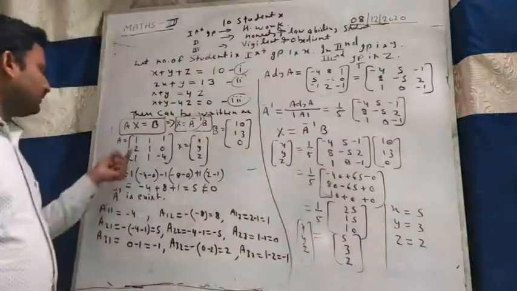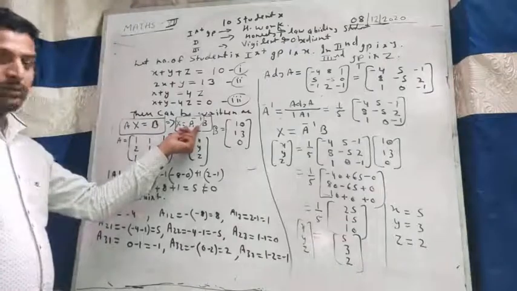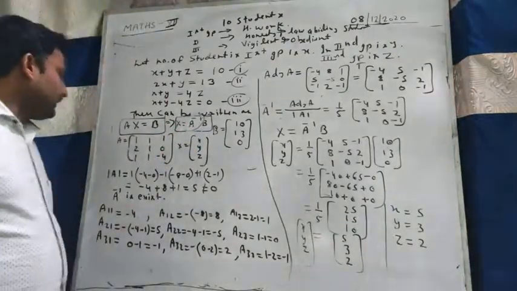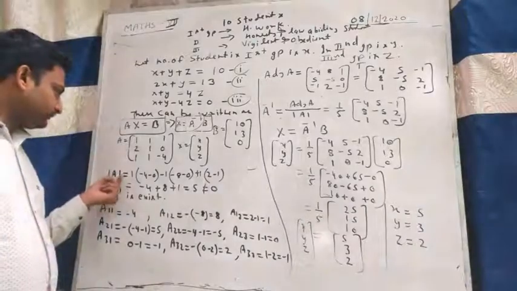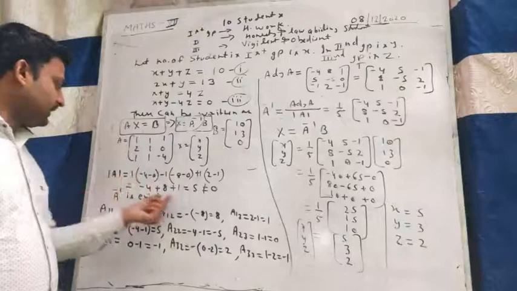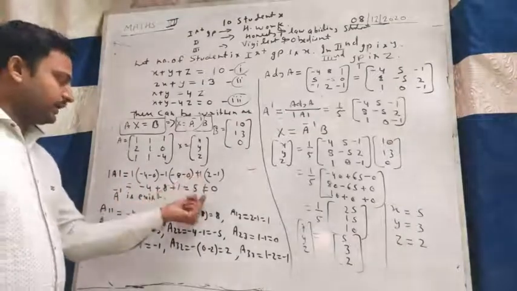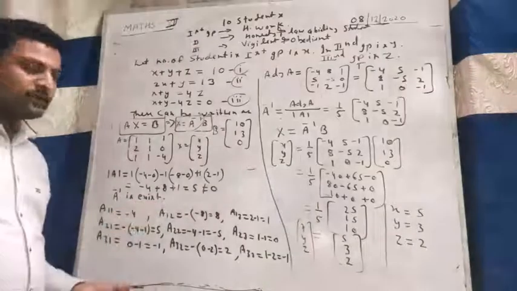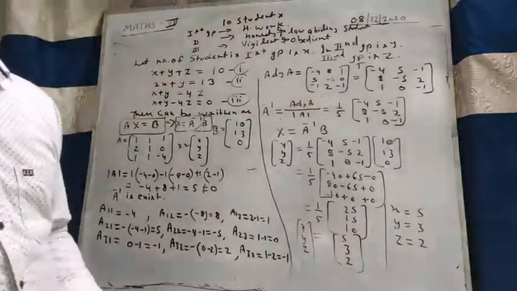Now to find A inverse, we have to find first what? Adjoint of A. So we first check that the determinant of A is not equal to 0. The determinant is 5, which is not equal to 0. So A inverse exists.